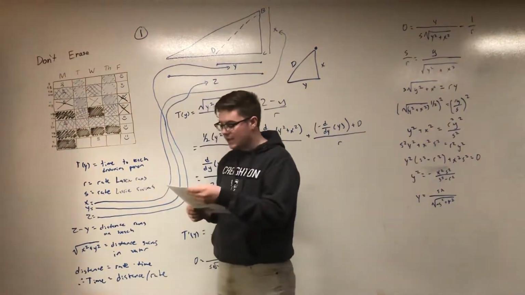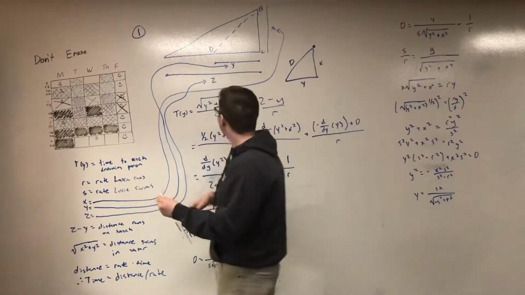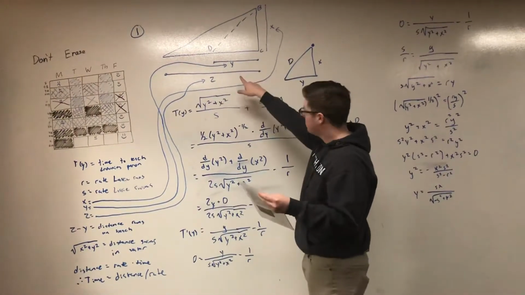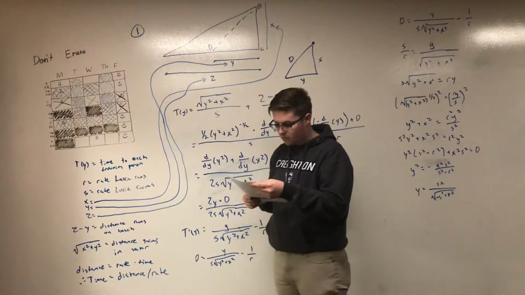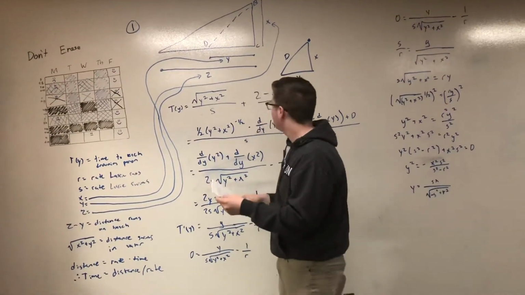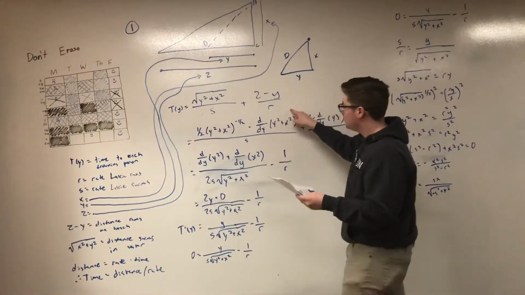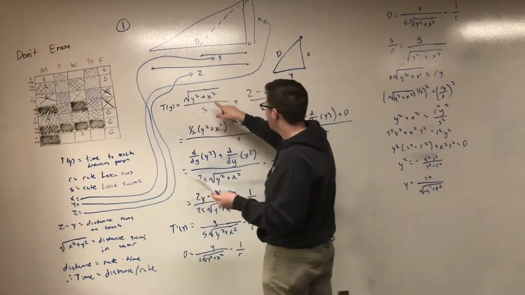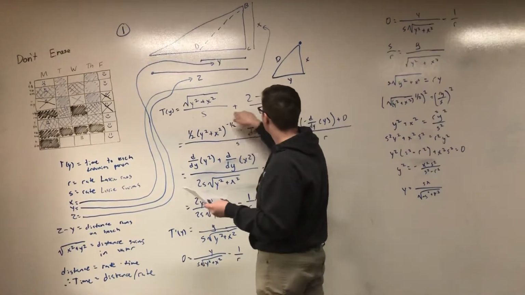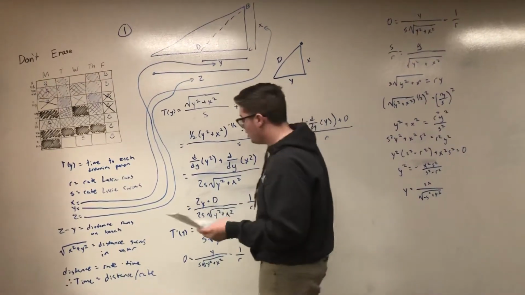The time it takes Lassie to reach the person only changes as y changes. So to find the minimum, we make this equation right here, which is T(y) equals the square root of y squared plus x squared over s, plus z minus y over r.